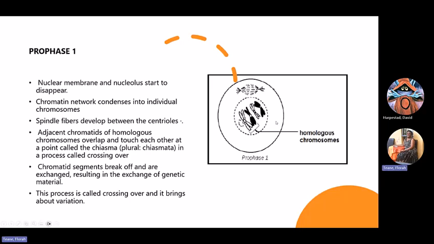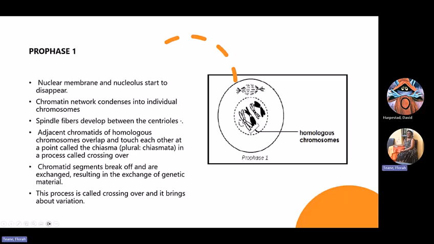It disappears. Not only the nuclear membrane, we also have a cell organelle inside here called the nucleolus. It will also disappear during prophase 1. We call it prophase 1 just to indicate it is the first meiotic division.